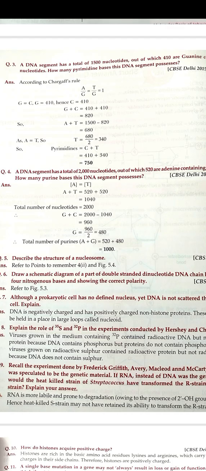So G plus C equals 2000 minus 1040, which gives 960. G equals 960 by 2 equals 480. Total number of purines, A plus G, equals 520 plus 480. So we finally get the result 1000.